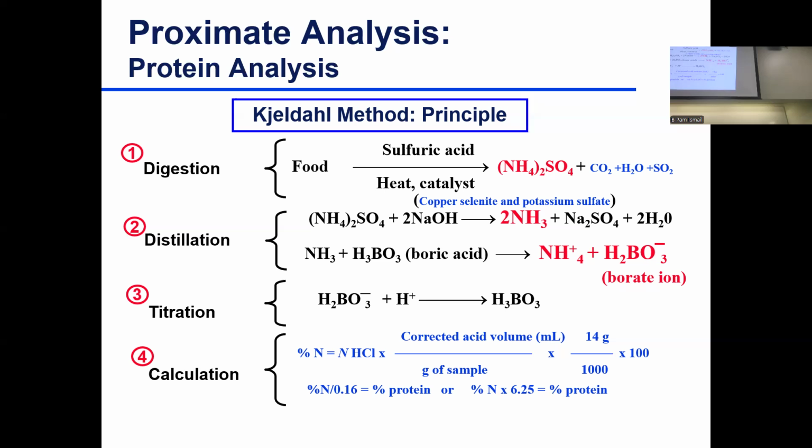So the next step is distillation and neutralization. Neutralization happens because you have concentrated acid and we add NaOH. So it kind of neutralizes the acid, but the NaOH has an important role as well, not just neutralizing the acid, but the sodium will react with the sulfate, give you sodium sulfate, we don't care, but then it will release ammonia gas.